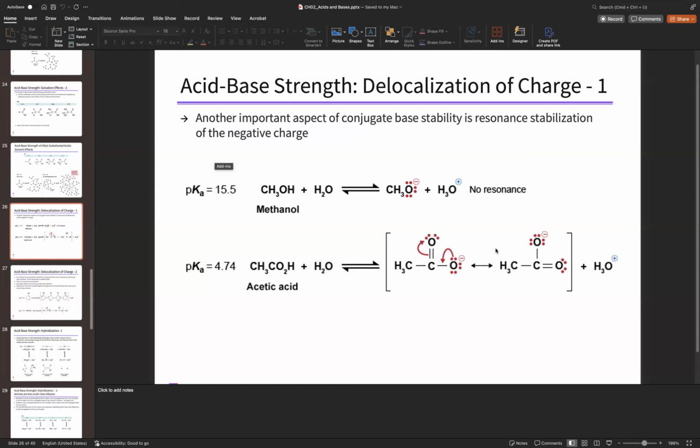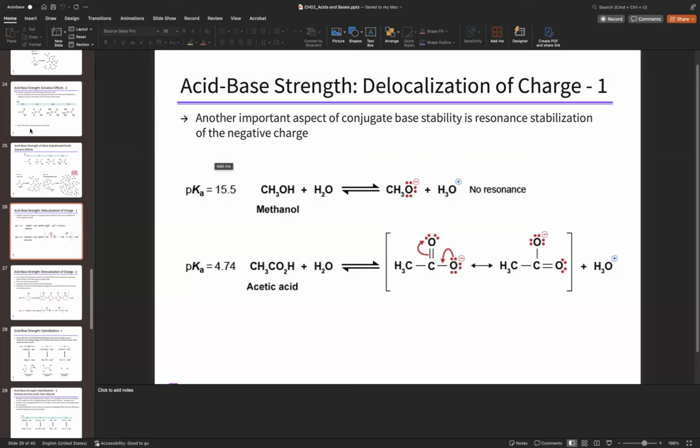So the charge is being spread 50-50 on each. Here, all the charge is on the single oxygen. What does that mean? It's highly reactive. And highly reactive means it goes back to what it was. While here, it's less reactive, so there is a smaller chance of going back to what it was. That's why the pKa is smaller here than here. Delocalization of charge, or resonance effect.